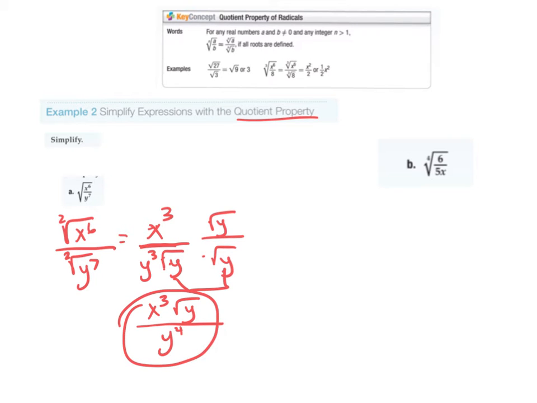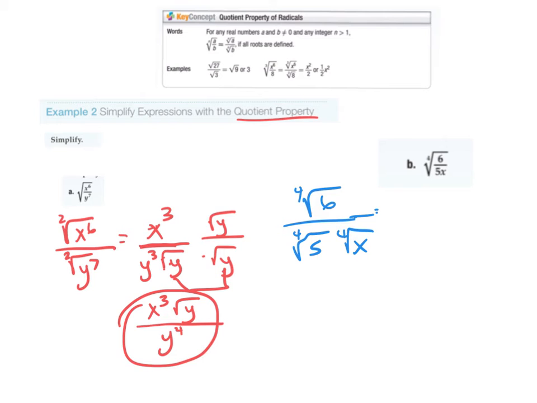Now it gets a little bit more complicated if we look at our next problem over here. I'm going to separate, but this time it's the 4th root of 6 over the 4th root of 5x, and I'm going to separate the 4th root of 5 and the 4th root of x. So let's deal with the x first. None of these simplify because none of these come out.